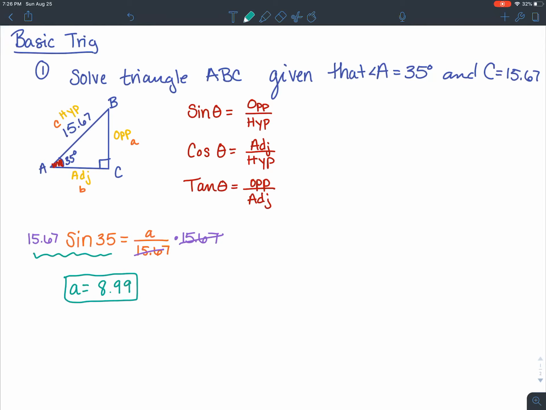So I would have done 90 plus 35, and then subtracted that from 180. And so angle B is going to be 55 degrees.